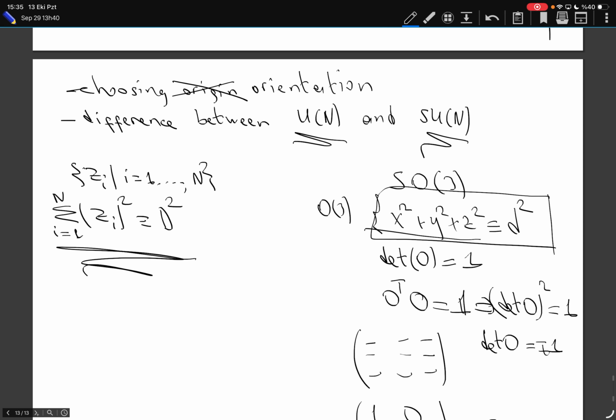In that case, the norm will be just the absolute value of the component squared summed over. So in a sense, U N is just like rotations, but not in a real vector space, but in a complex vector space. I would rather avoid the probability interpretation, because that is for quantum mechanics it will be probability. In other places, this thing is not a probability.